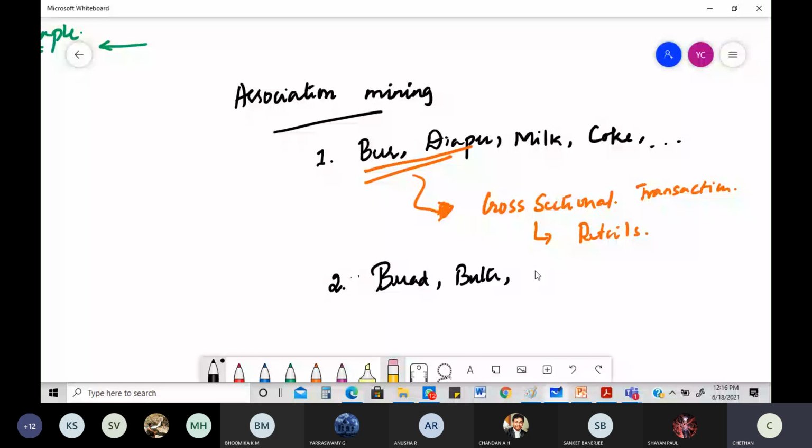But if butter is being sold along with bread, then this will become valuable for us. Together, you can easily figure out the cross-sectional ways.